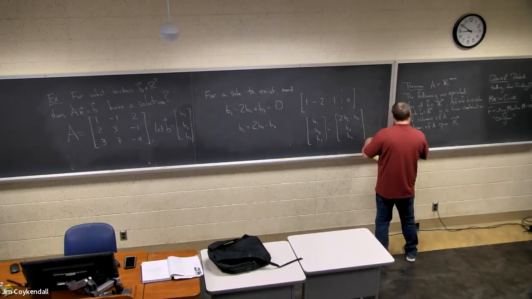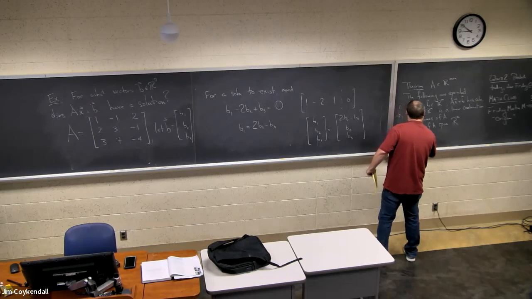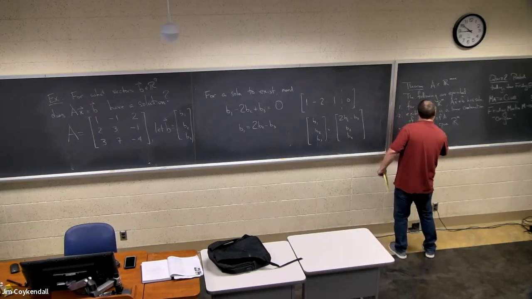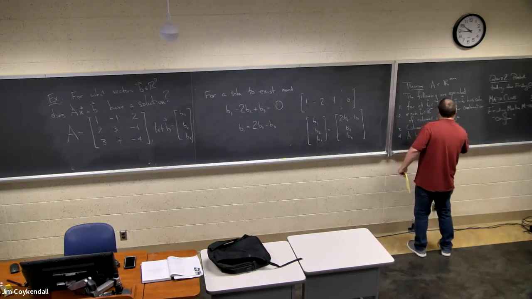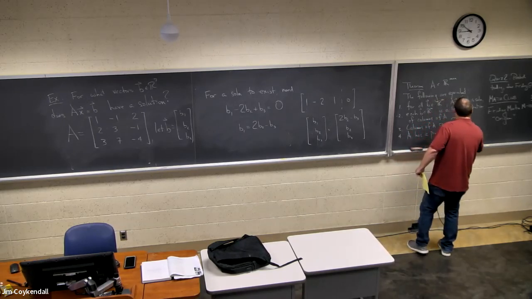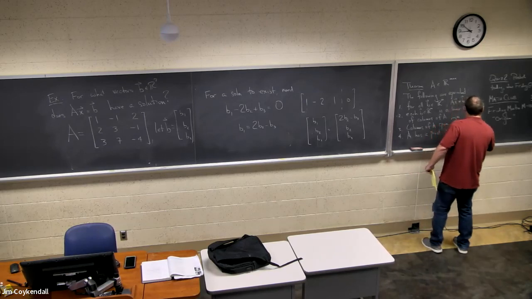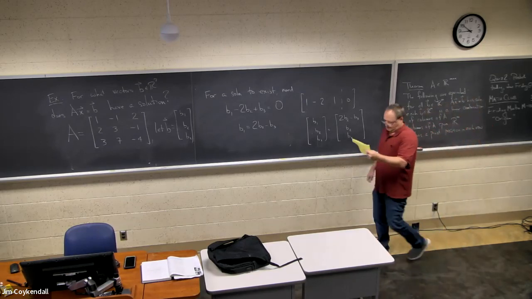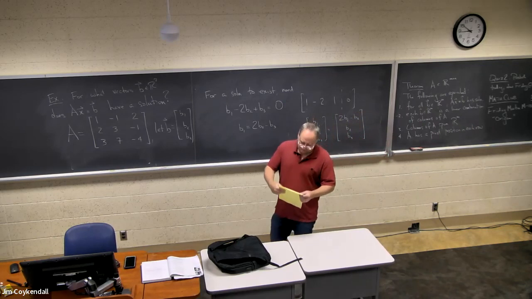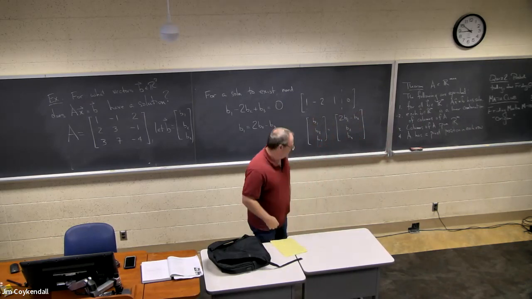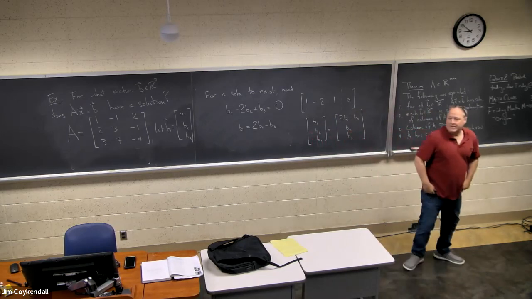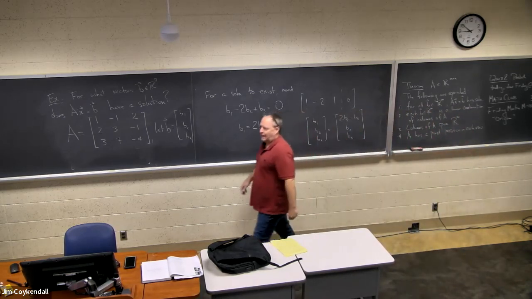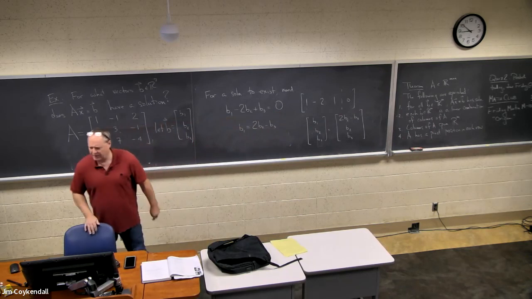And finally, four: A has a pivot position in each row. Look back at that example, and you'll see that in the example we had a pivot in the row.